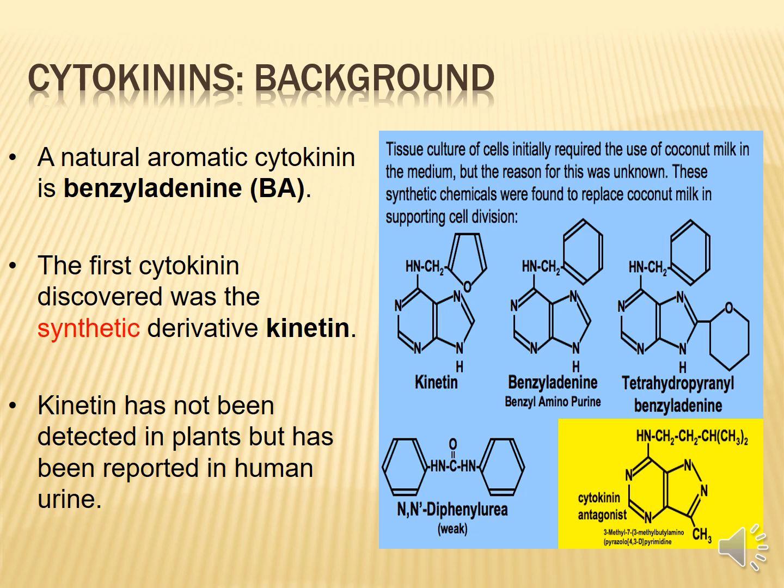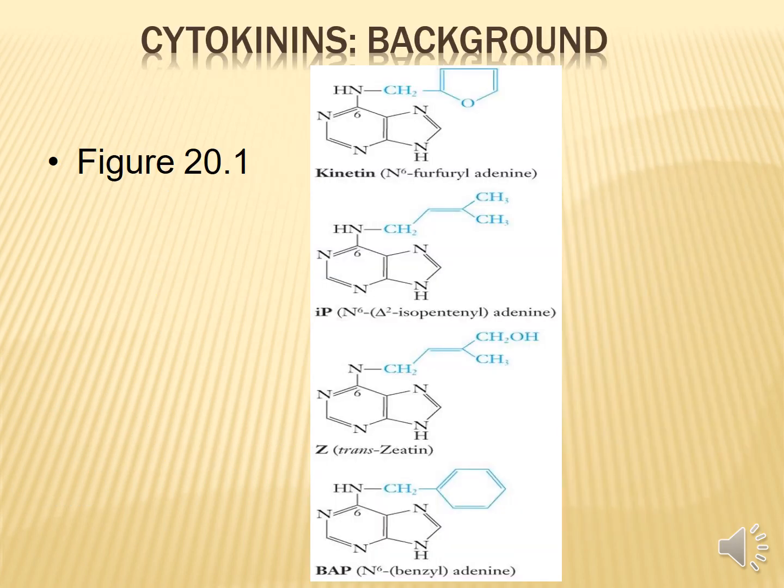If you look at the illustration here, you can see different names of cytokinin hormones: kinetin, benzyladenine, tetrahydropyranyl, and diphenylurea. All of these are under aromatic cytokinin. This one is not only for aromatic cytokinin but also isoprenoid cytokinin.